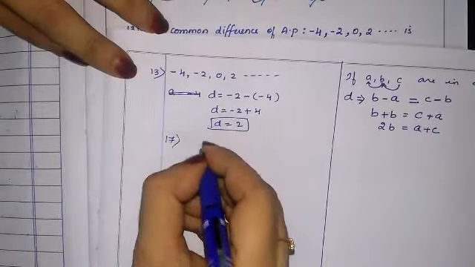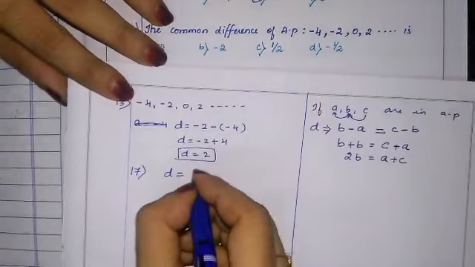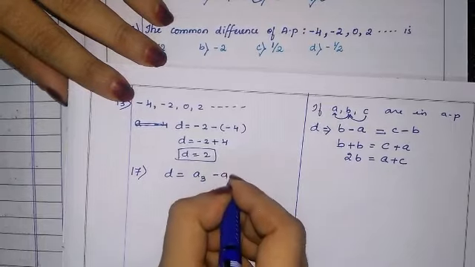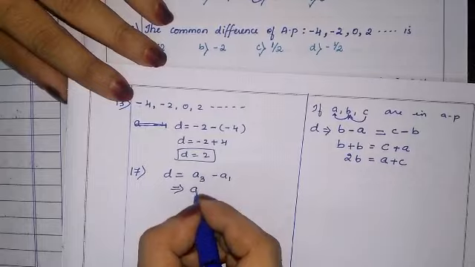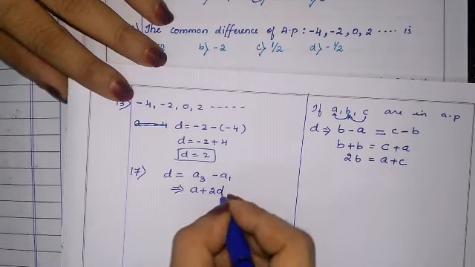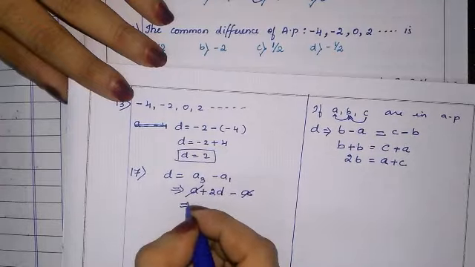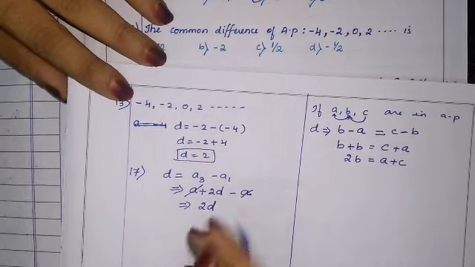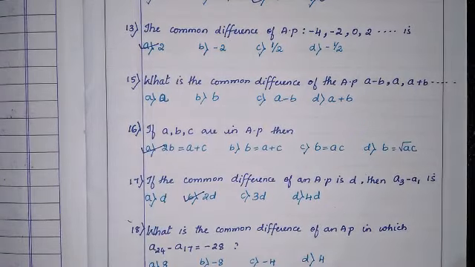If the common difference is D, A3 minus A1 is. Out of this, what do we get? They are asking A3 minus A1. A3 is A plus 2D, we know that. Minus A1, which is A. A gets cancelled. So the correct answer is 2D. So here 2D we have, yes. Option B is the correct option. 2D is the correct answer.